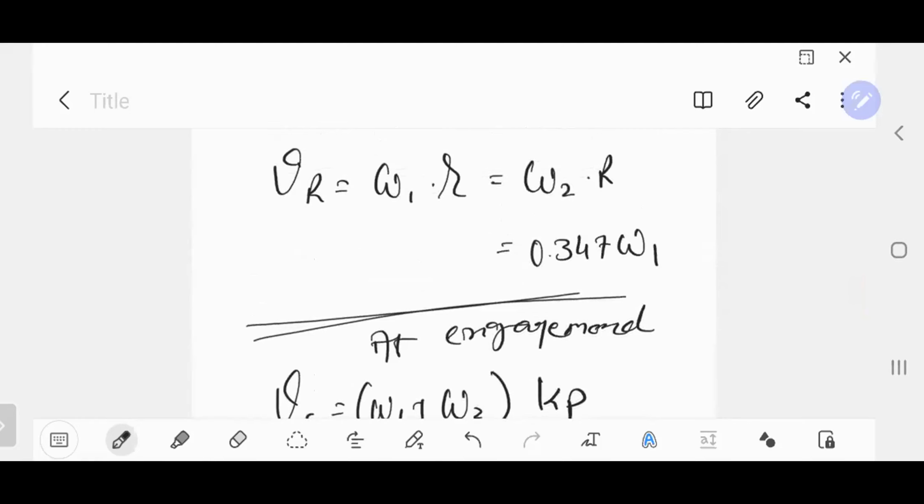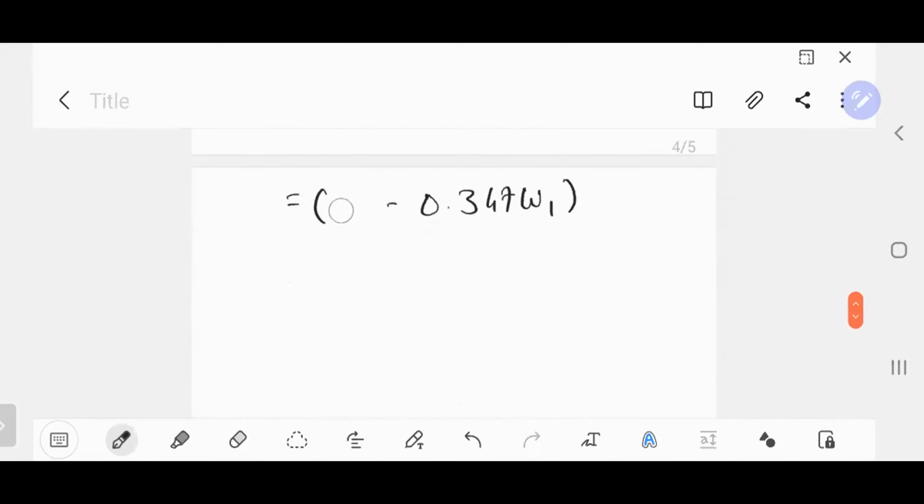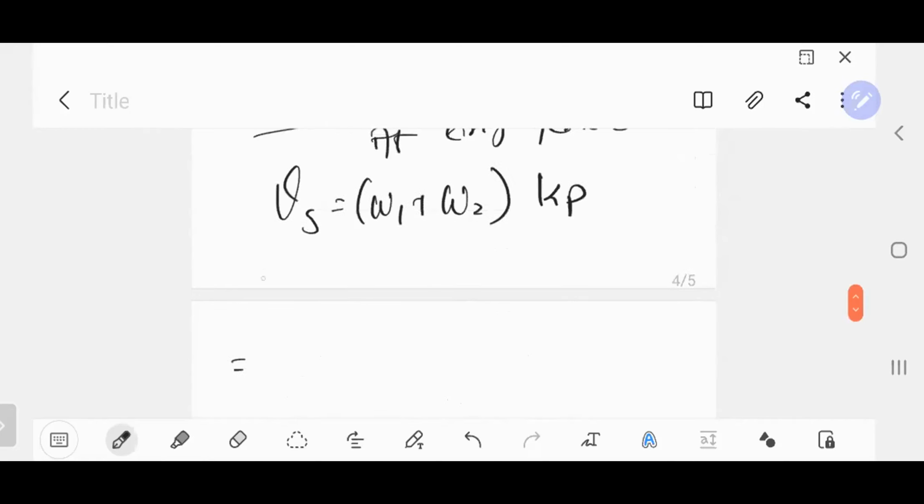Here we have omega 1 is equal to omega 2 is equal to 0.347 omega 1. So I'm using that value over here. In this equation, Vs is equal to omega 1 plus omega 2, which is 0.347 omega 1 multiplied by Kp. Kp was 15.5.